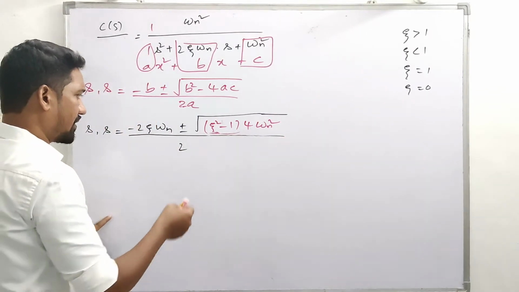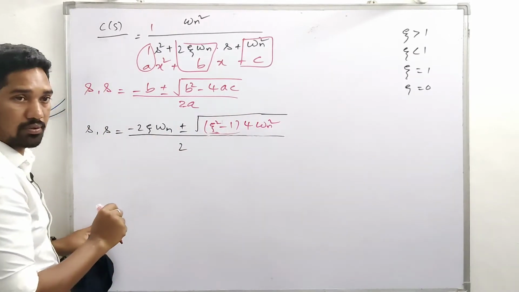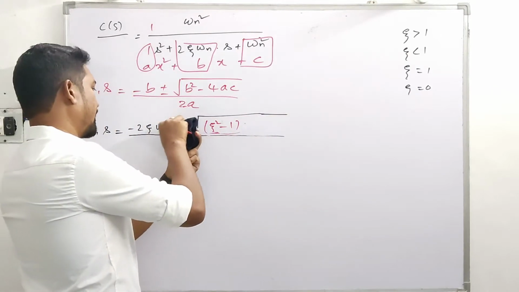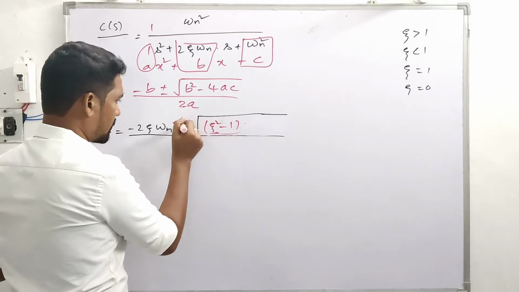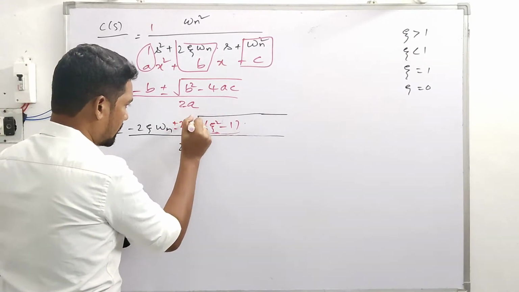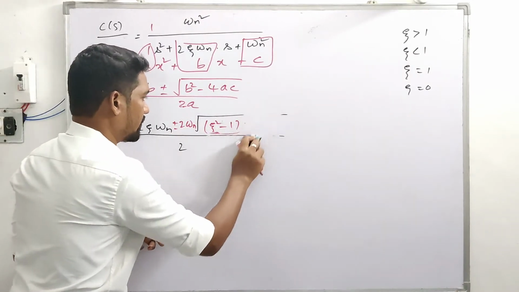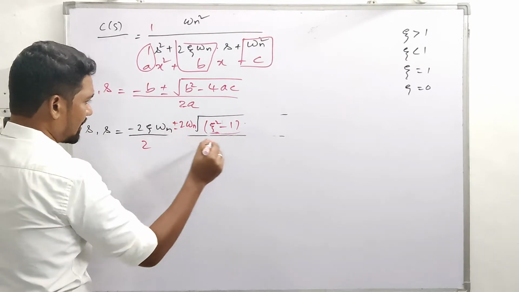And taking this 4 omega n square out of this root, plus or minus, 4 came out from the root, it's a 2, and omega n square came out from the root, it's omega n, and taking out that term from the root. This one will be the resultant, and this 2 is applicable for this as well as this.